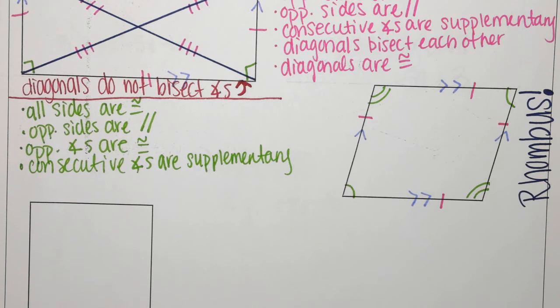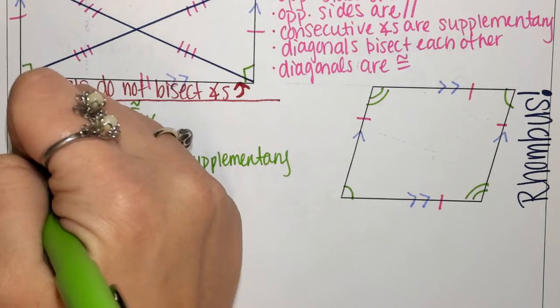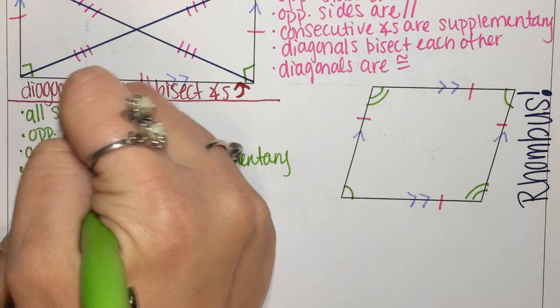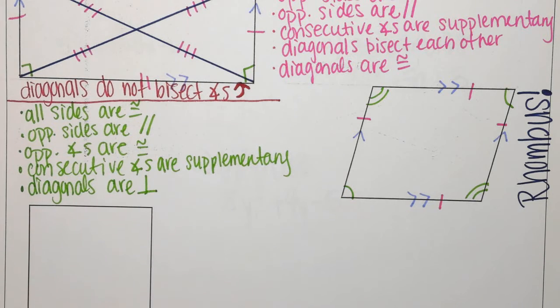Okay, Star, tell me what you know about the diagonals. The diagonals are perpendicular. Take a point. And what else do we know about the diagonals of a rhombus that is very, very, very important? They bisect the angles, yes.